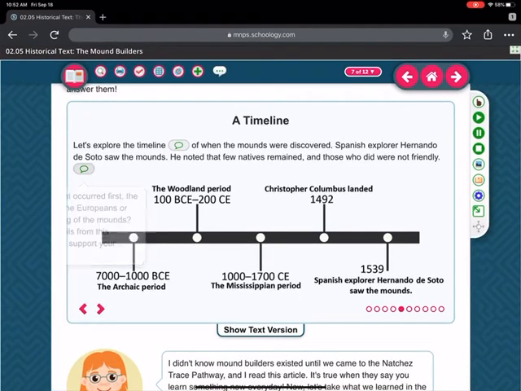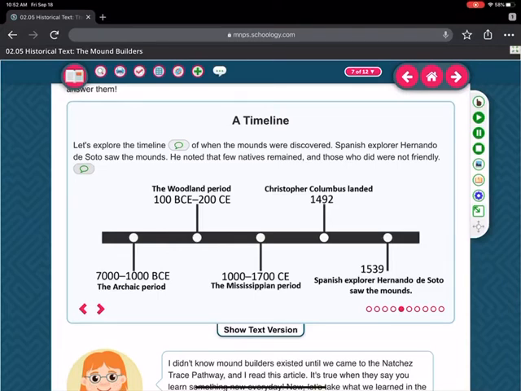Well, let's do a different question because I can't read that one. Which happened first? The Native Americans created the mounds? Or, which one happened first? Spanish explorer Hernando de Soto discovered the mounds, or English explorers landed in North America?